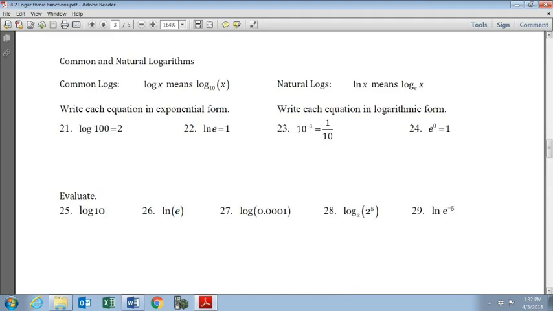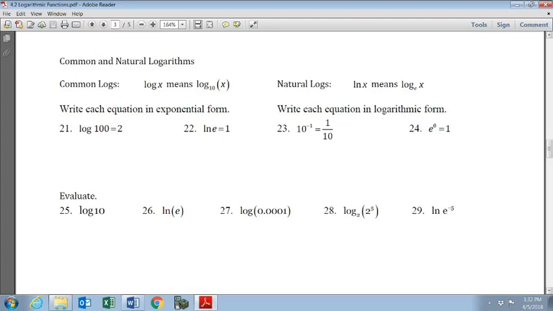We're going to talk about 2 special kinds of logarithms, common and natural logarithms. These are the 2 that we used to use. They used to be a lot more important before calculators came around. But anyway, common log, which is log base 10: if you see log of x, that means the log base 10 of x.